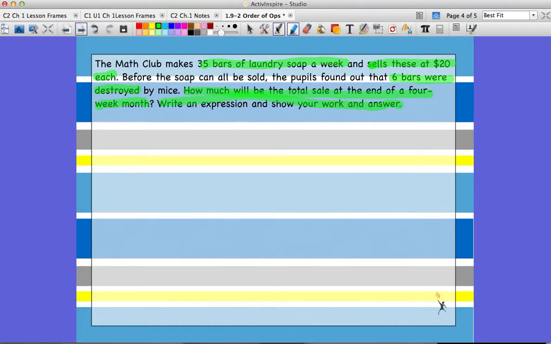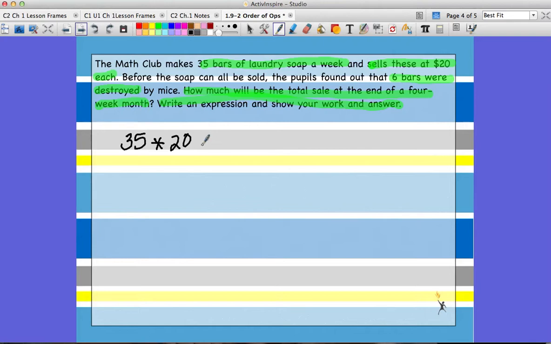So now, if we wanted to know how much we made, and this is assuming that all the bars are sold, we would take the 35 bars that we made times the $20 each that we sell them for. Okay. Now, since 6 bars were destroyed, a lot of students like to do minus 6 here. That doesn't work because when you multiply these two things together, you're finding out the price.